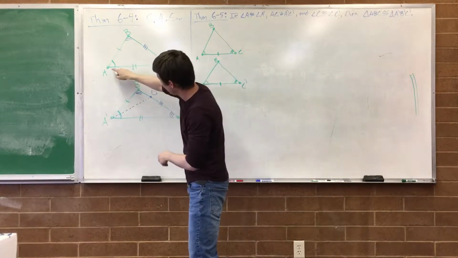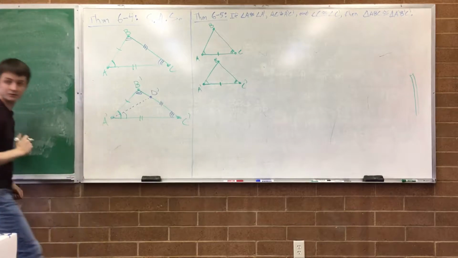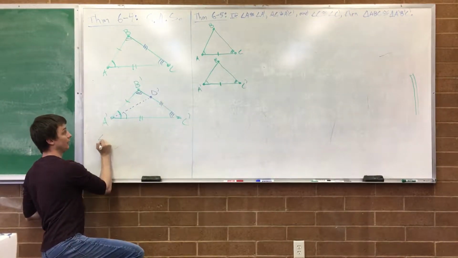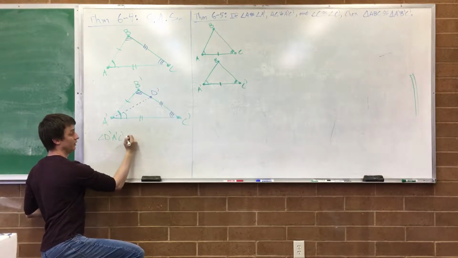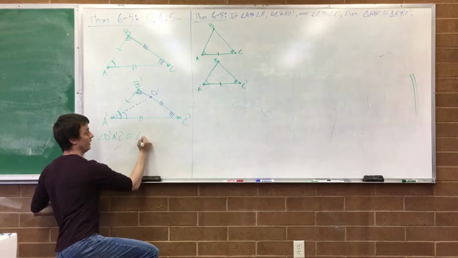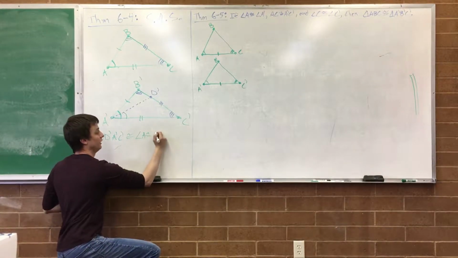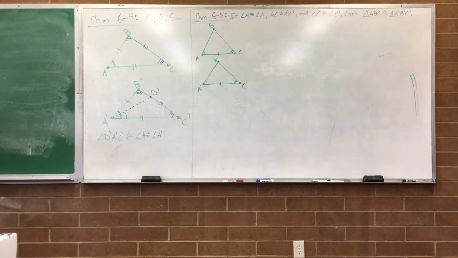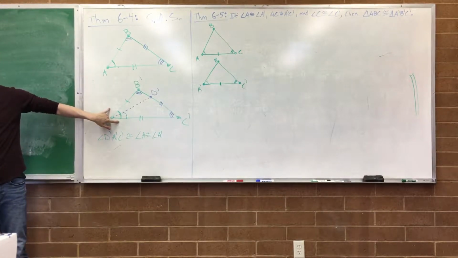So that gave us that angle D prime, A prime, C prime is congruent to angle A, but we also had angle A was congruent to angle A prime. Right? That's what we started with. We start with two triangles and A was congruent to A prime.